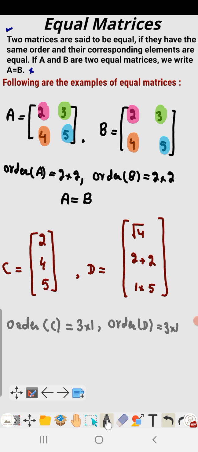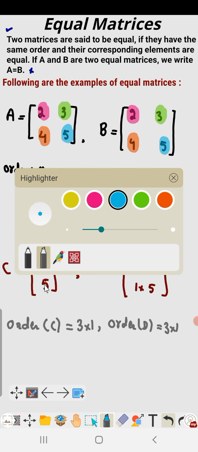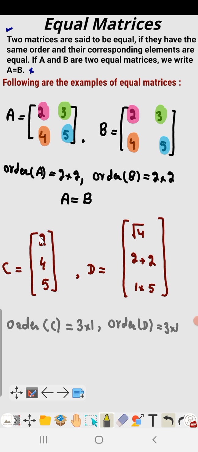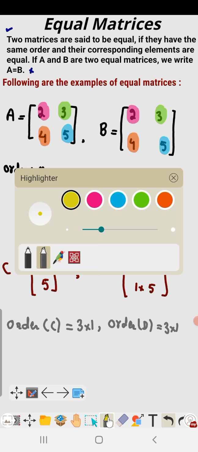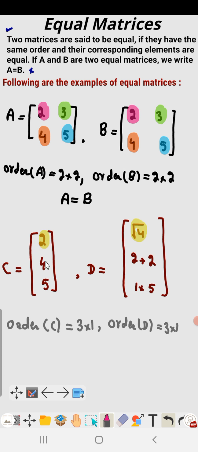Now look at corresponding elements. We see that corresponding elements are equal.